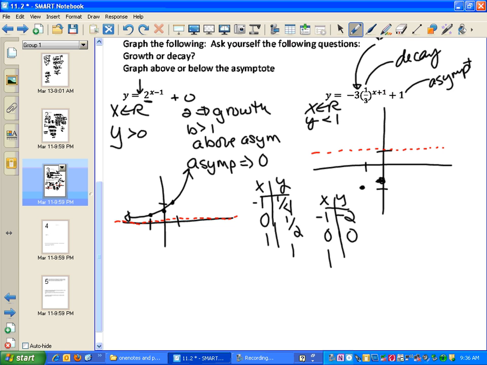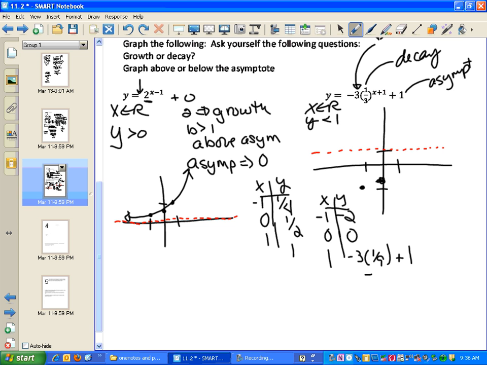Okay. At 1, we get 1/9, correct? So we really get -1/3 plus 1 is 1 1/3? No. So you get -3 times 1/9 plus 1.